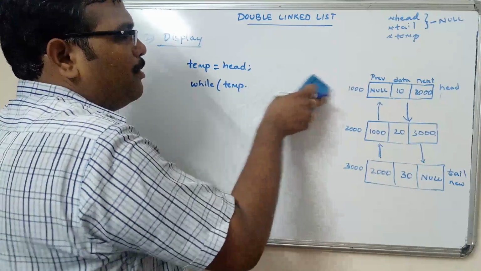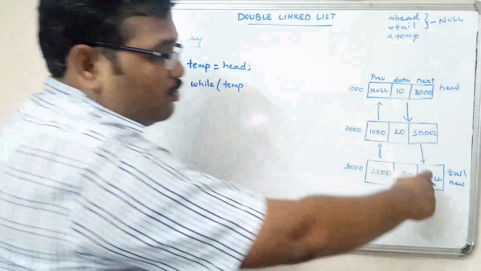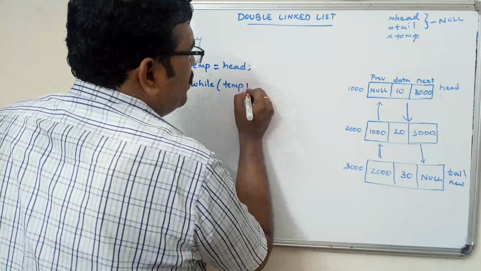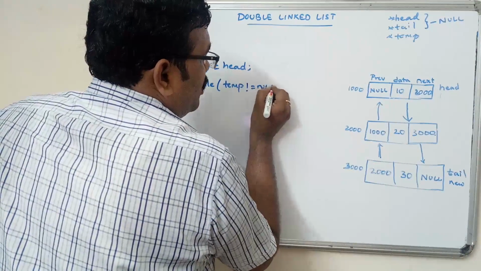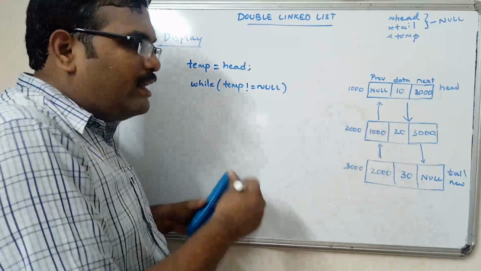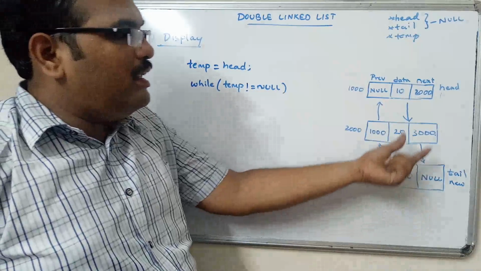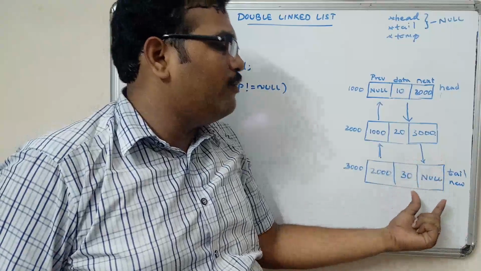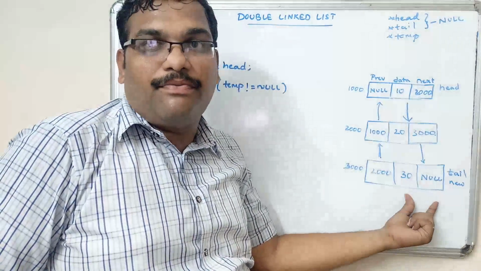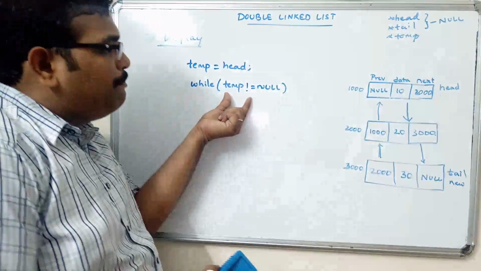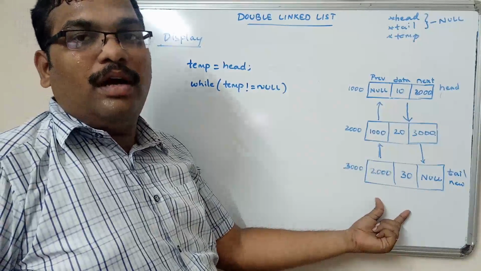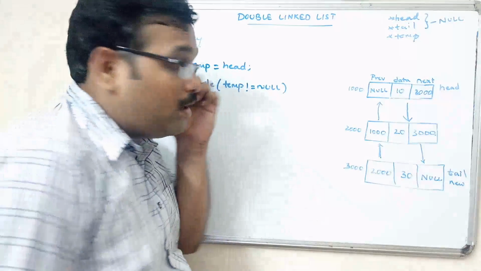So anything is no problem, right? If you write temp of next not equal to null, it will display up to here, and out of the loop we have to again display the temp of data. If you write temp not equal to null, it will move until the last node, right?